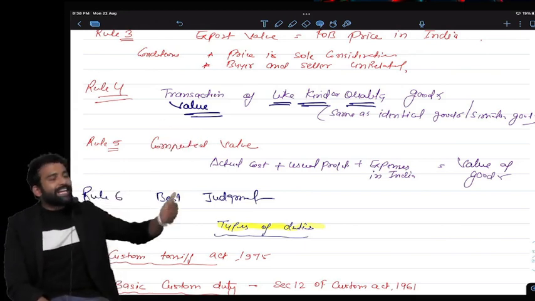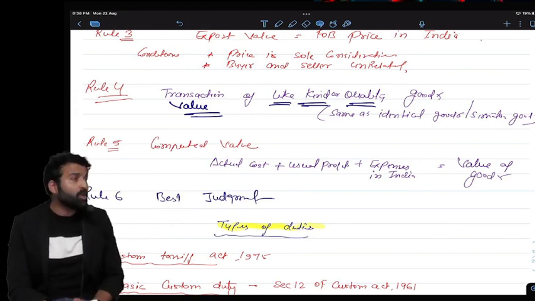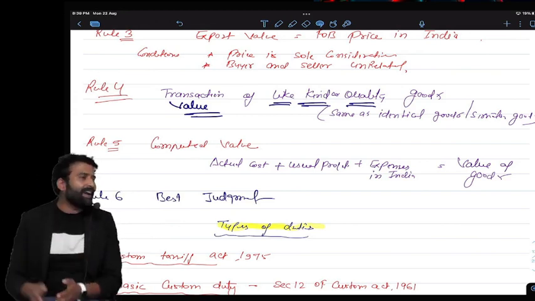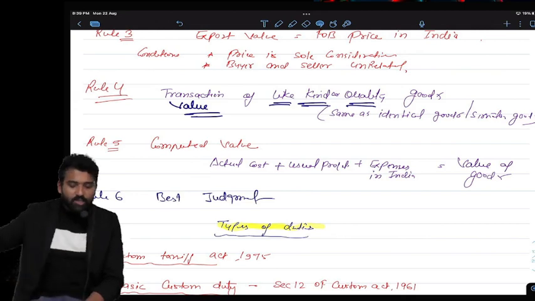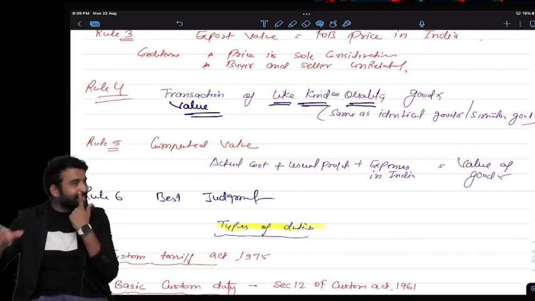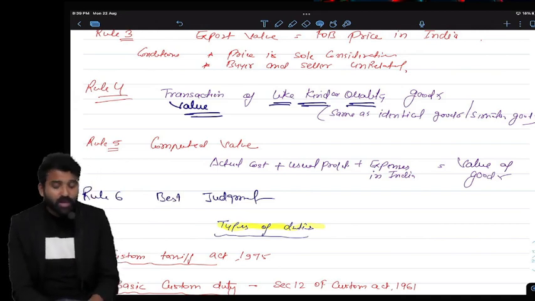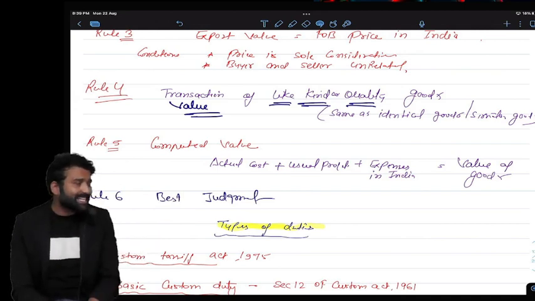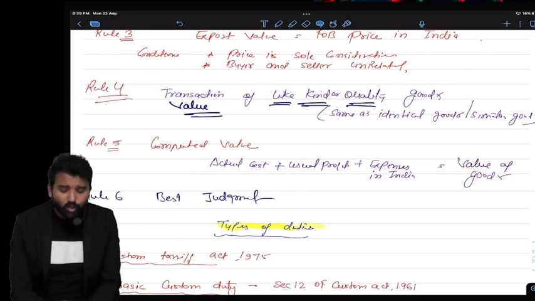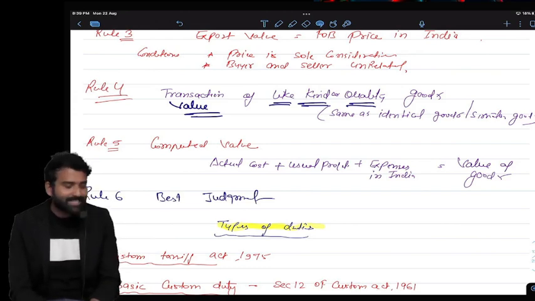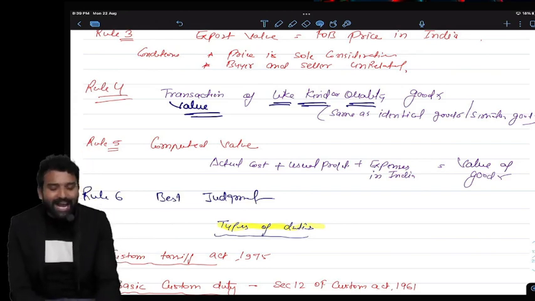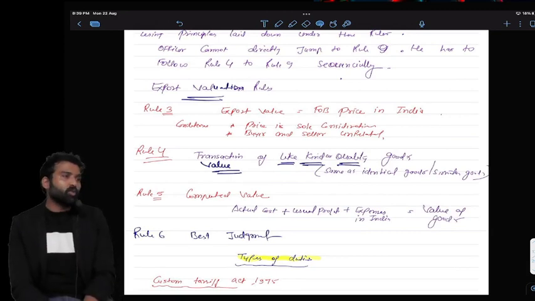That's why we jump directly to computed valuation, because we can find out the cost of production in India. So cost of production in India plus expenses plus profit margin in India will help us to find out the FOB value. And if that rule doesn't succeed, finally we have to go for rule 6 that says best judgment assessment. So this is how our export valuation rules will be.